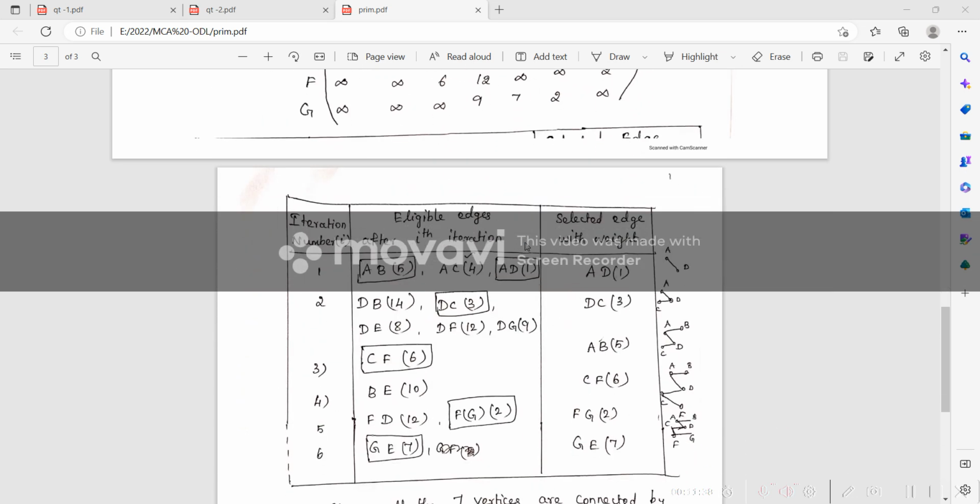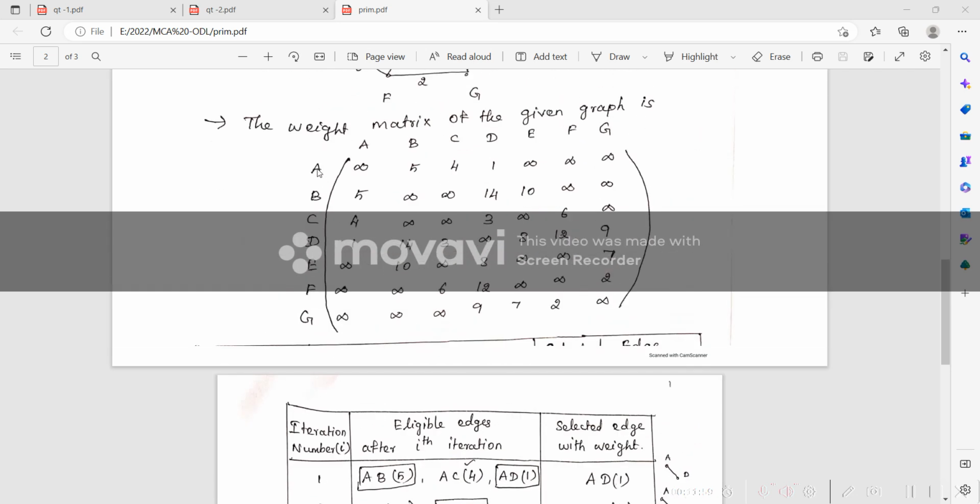Okay, and then we are forming one table to find the minimum spanning tree. So the first column is the iteration number, the next one is the eligible edges after the ith iteration, and the next one is the selected edge with weight. Okay, so first iteration 1.